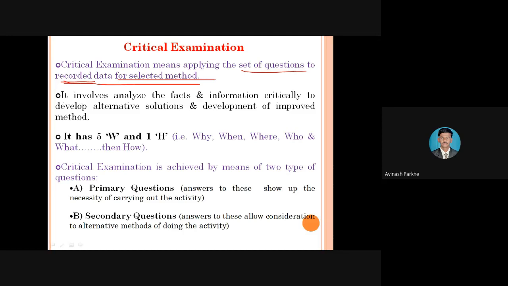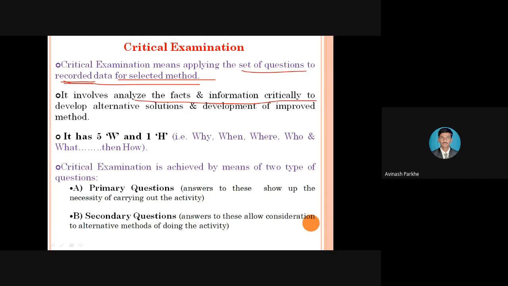And what process do we do in critical examination? We analyze the facts and information critically. For the method selected for modification, we apply a number of questions, and while applying them we analyze what exactly is happening in that method, why we have to go for the modification, and what information we get from that method.